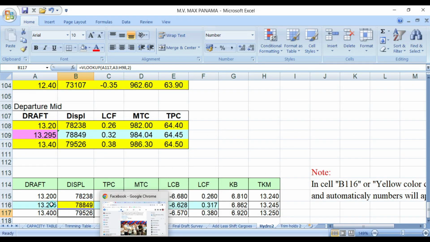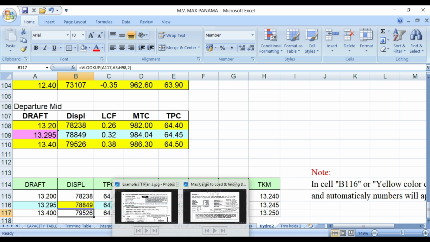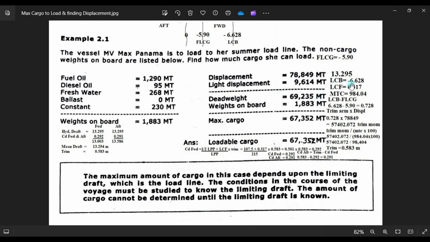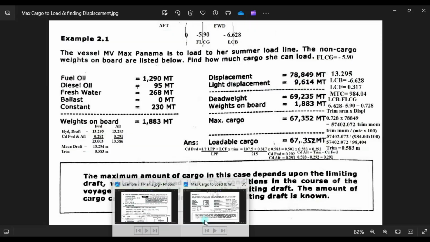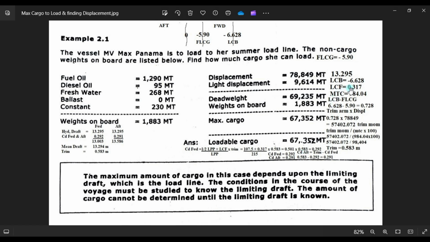At 13.295, what is the value of LCB? LCB is negative 6.628. What will be your LCF? LCF is 0.317.